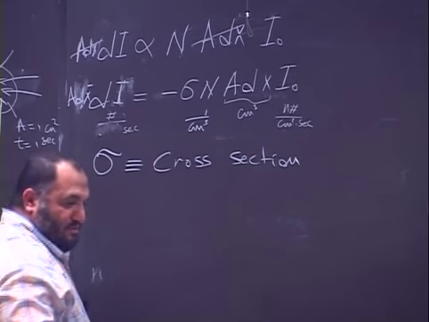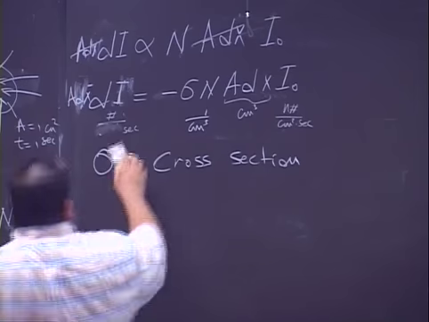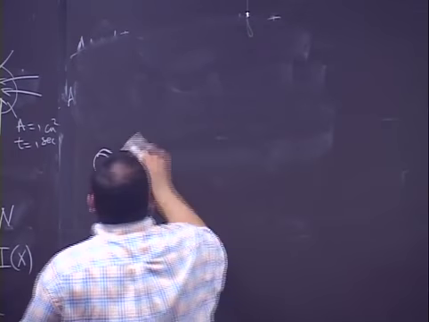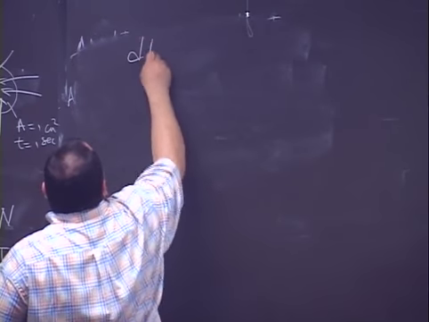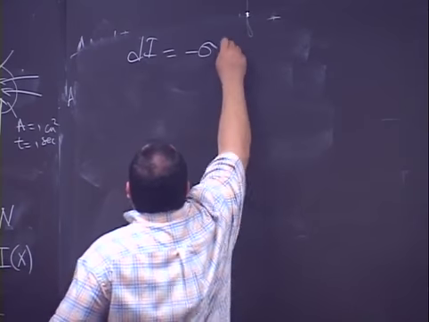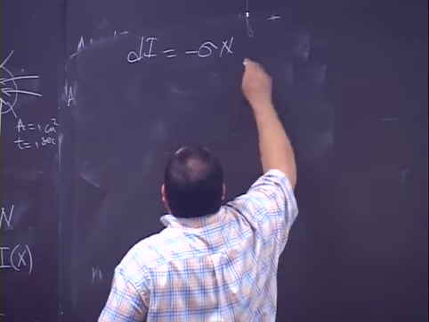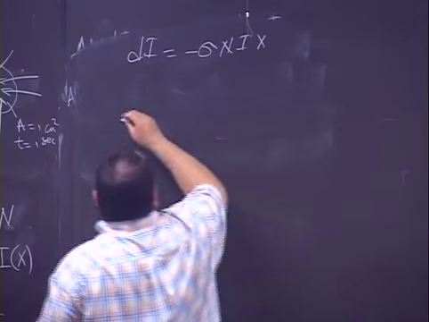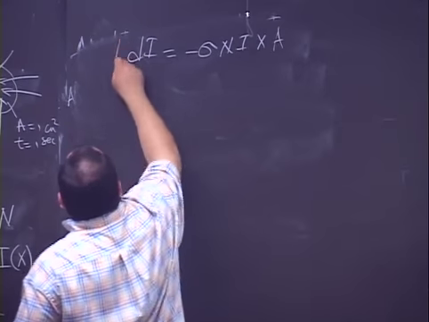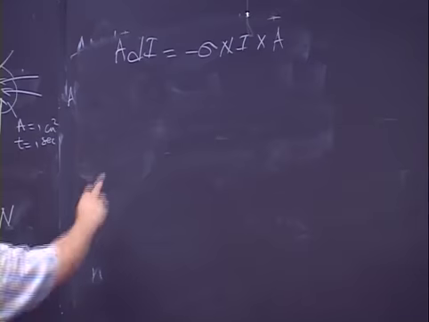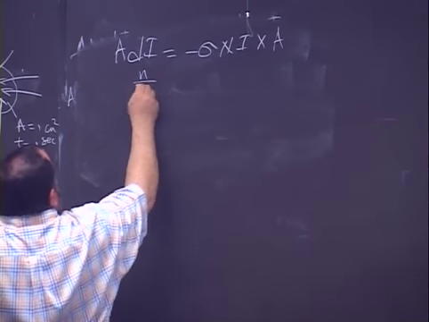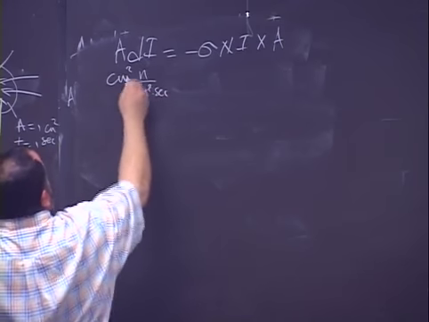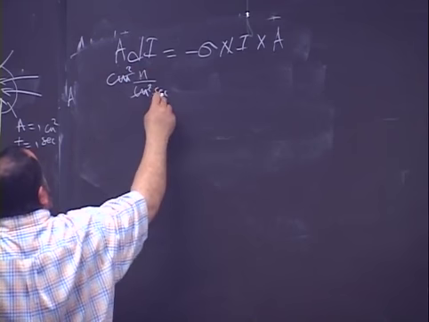So let me, what is the dI equals negative sigma n multiplied by I multiplied by x. So this is multiplied by A, and this is multiplied by A, because this is neutrons per centimeter square per second multiplied by area, which is centimeter square. So this is the total number of interacted neutrons per second.